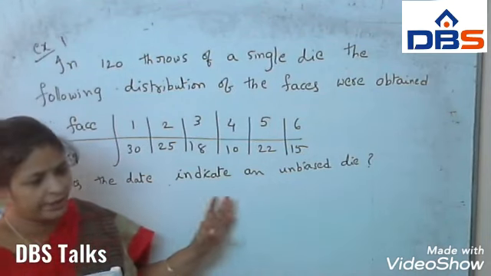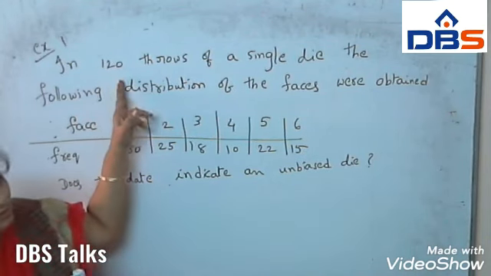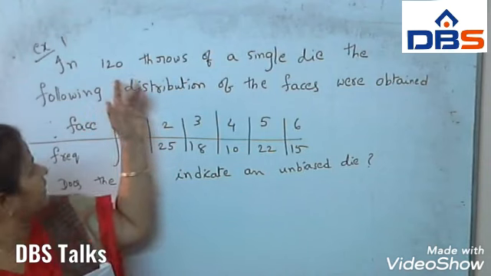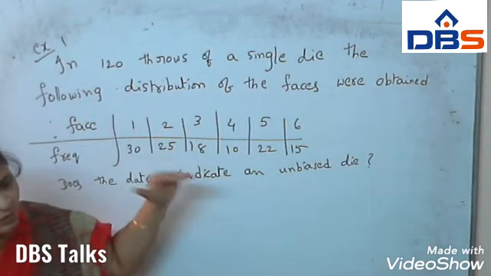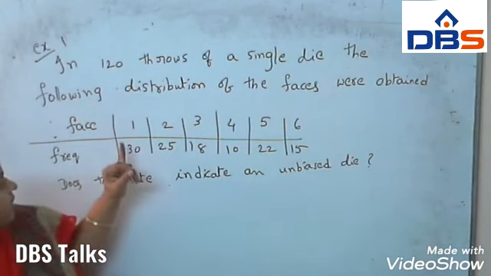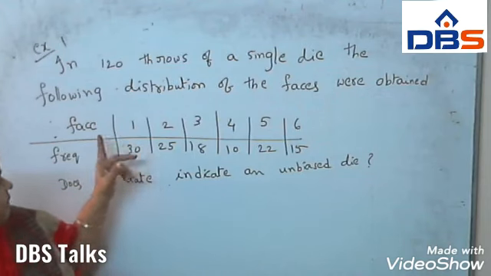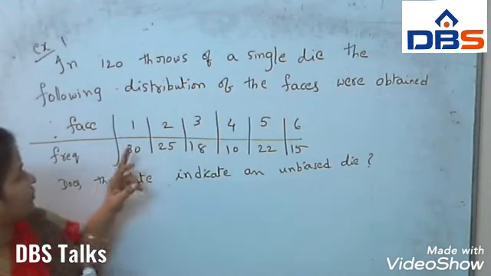We are throwing a die 120 times. So how many times is the experiment conducted? 120 times. We are throwing a die 120 times, and the observed values are given here.